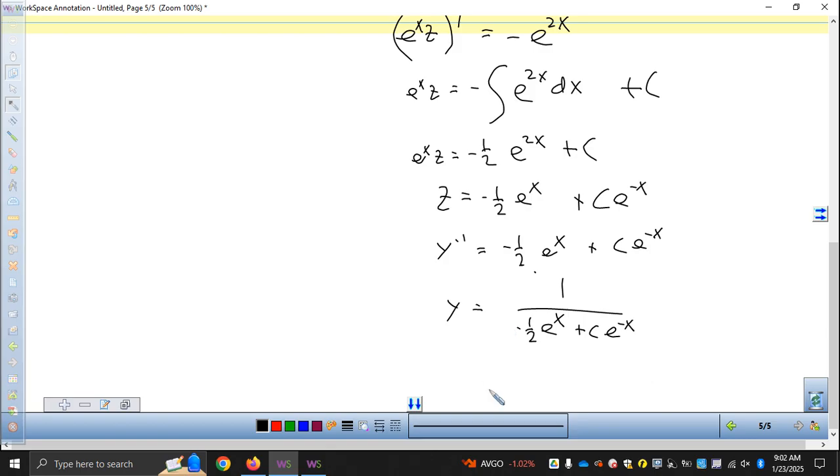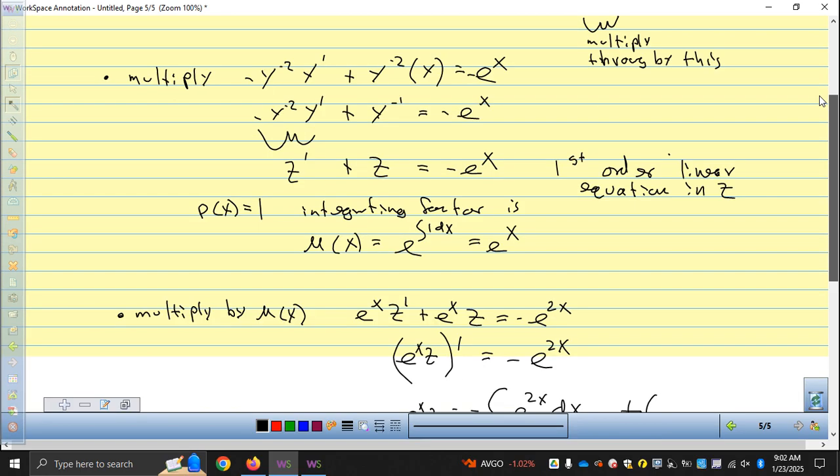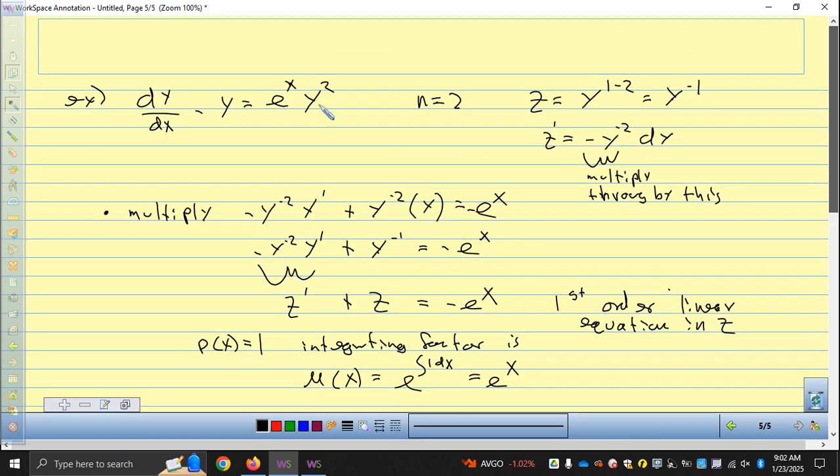And we have our solution. And if we look back at our original equation, y equals 0 is a singular solution, because we plug in y equals 0, the derivative is 0, 0 plus 0 minus 0 equals 0.